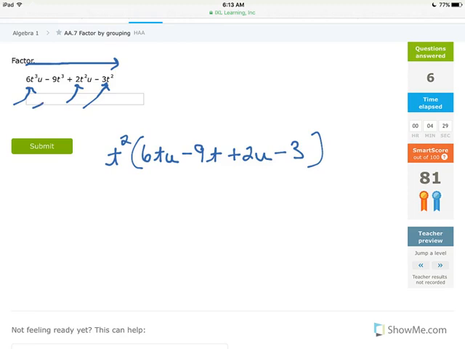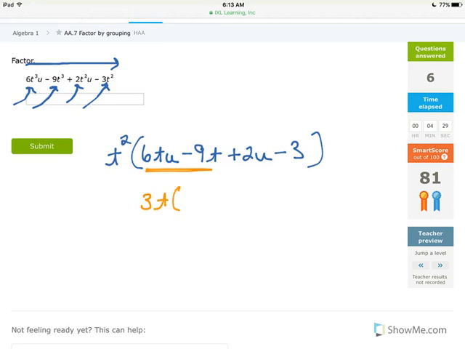So all these common t's, t squared, were factored off, and now we're left with something in parentheses that is 4 terms, and we can try factor by grouping. So if we look at the first group, what's common between these 2 terms? It looks like a 3 is common between the 6 and the 9, and then you have a t, so let's factor off a 3 and a t.